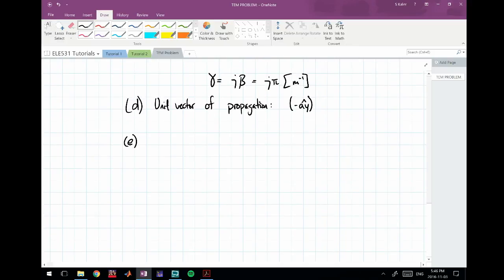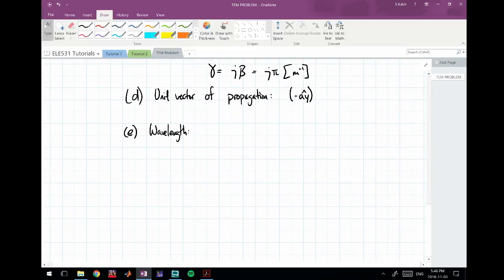Part E asks us to find lambda, or the wavelength. So we want to find wavelength. Now, we define beta equals 2 pi over lambda. We know what beta is from the first part of the problem. And so we can rearrange this to find lambda.